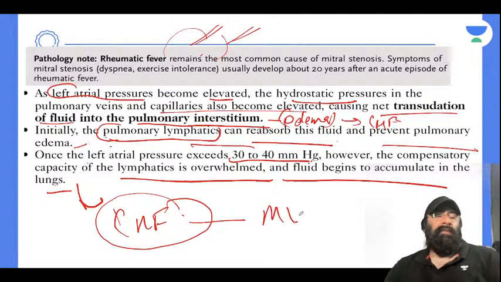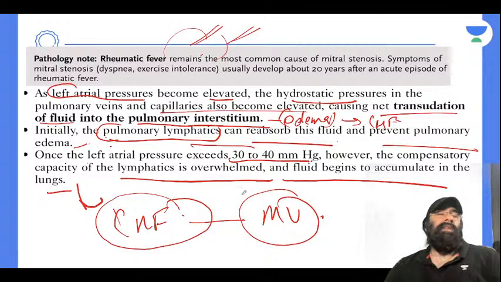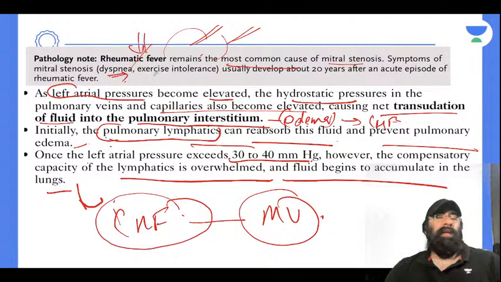The problem is at the mitral valve, and the reason might be rheumatic fever, the most common cause of mitral stenosis. When CHF develops, the symptoms of dyspnea will be there, exercise intolerance, dyspnea on exertion, initially class 2, then increasing to class 3, then class 4, and the patient gets admitted.